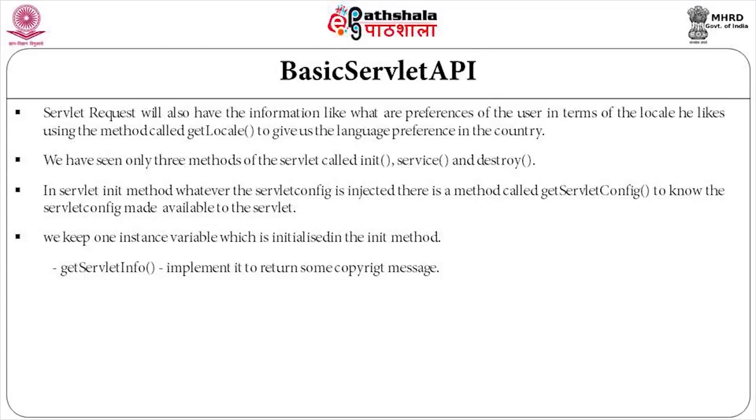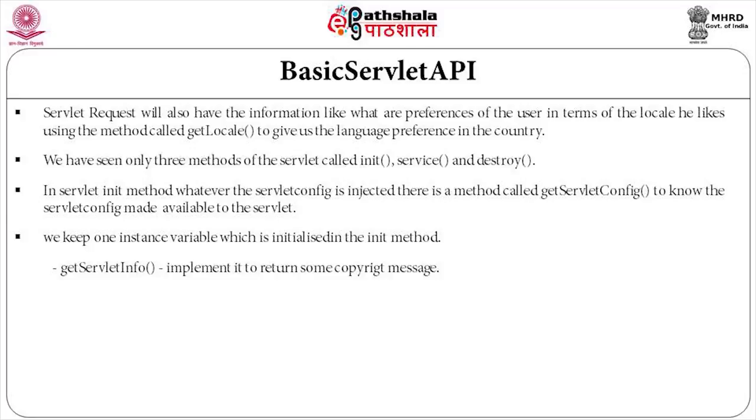What does init do? It injects a servlet config object. But one thing which is supposed to be done by the implementation of the servlet, and servlet is an interface here, is that whatever servlet config object is injected in the init method must be made available, if anyone wants to know what servlet config was given to this servlet object.